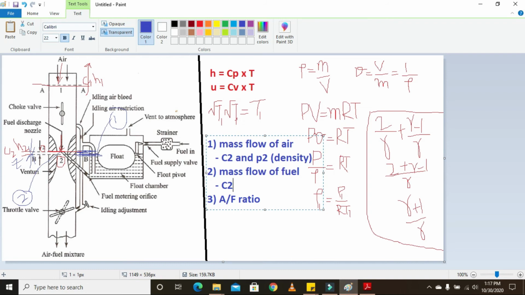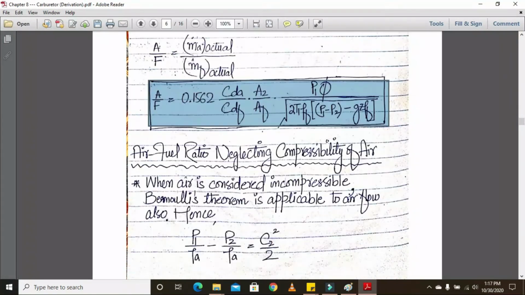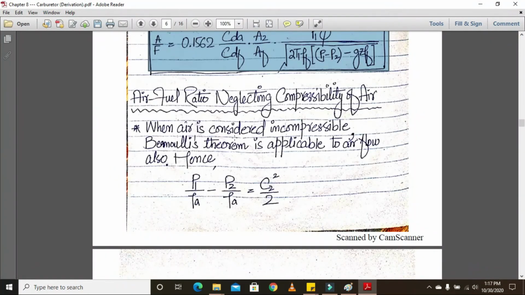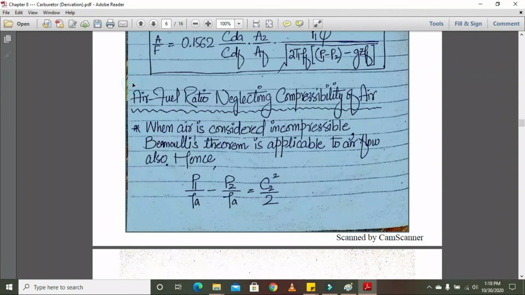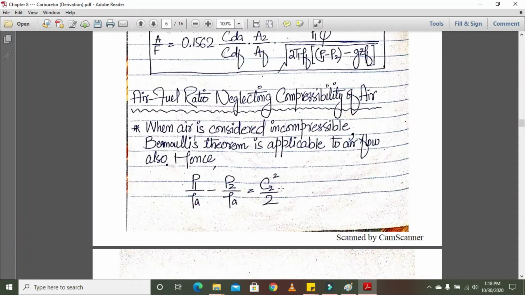In the first derivation we considered air as a compressible fluid, because the density is changing. Now we come towards the simplest derivation, which is for the relation of the air fuel ratio when we are neglecting the compressibility effects of the air, or you can simply say when we are considering air as an incompressible fluid.